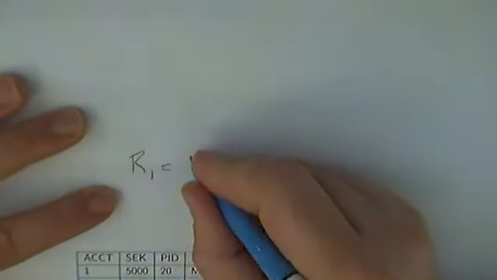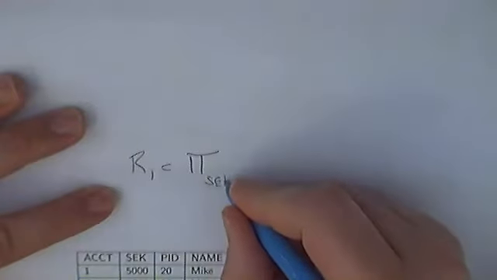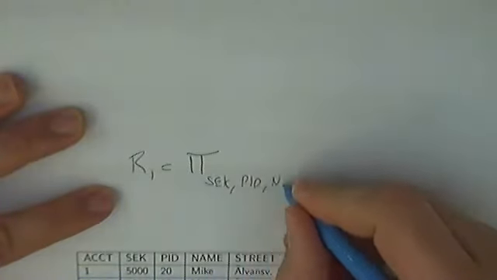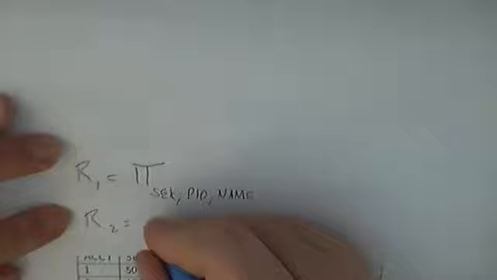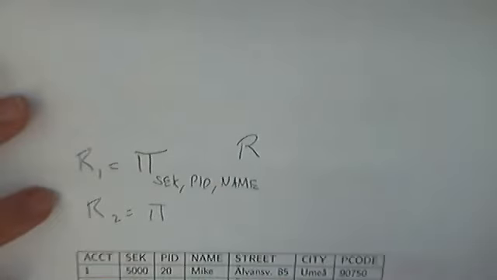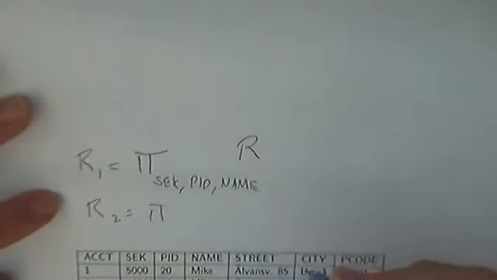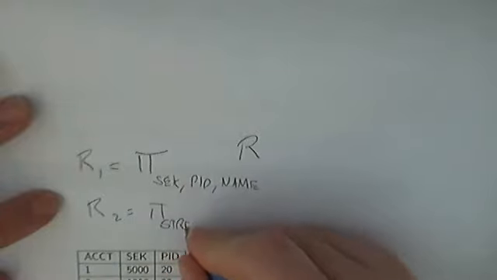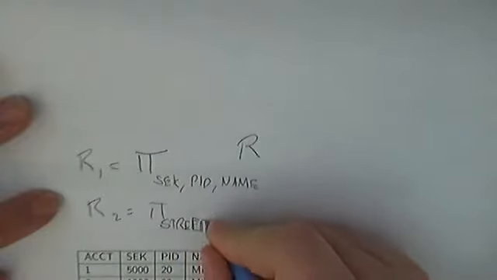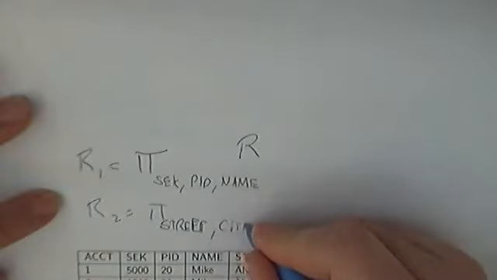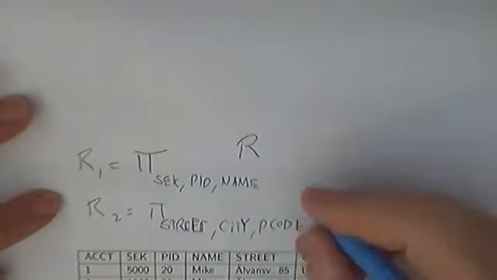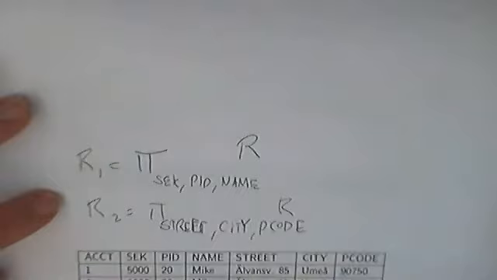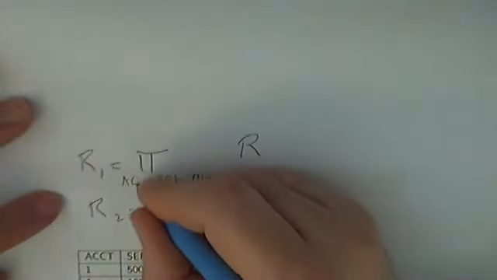R1 equals project SEK, PID, name, and R2 equals street, city, P code over R. I'm sorry, account number as well.